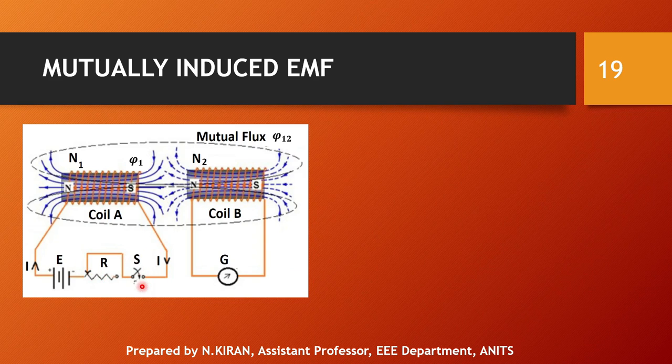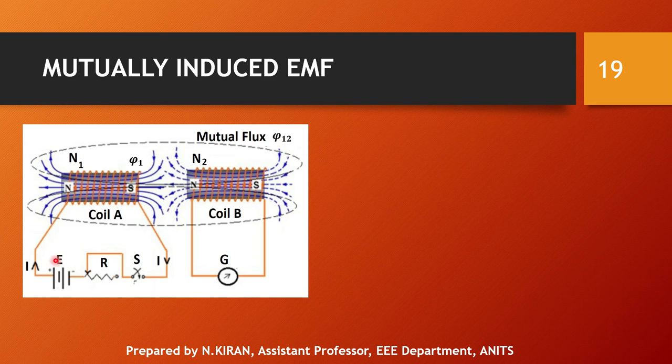As soon as I close this switch, current starts flowing in coil A. Due to this current, flux phi 1 is produced, which will link both coil A as well as coil B. This is the total flux produced, and the part of it that links coil B is called mutual flux, represented by phi 12. Phi 12 indicates flux produced by the first coil which is linking the second coil.